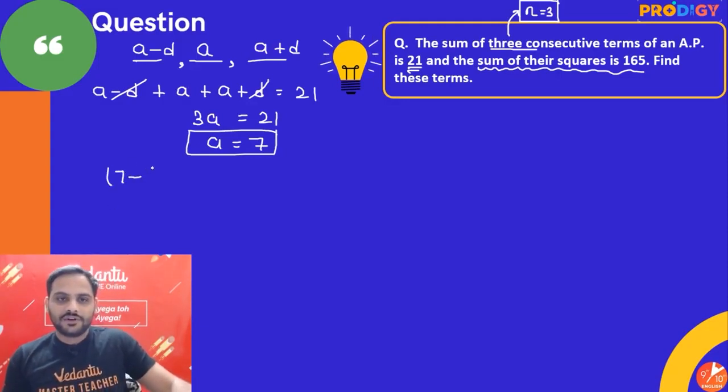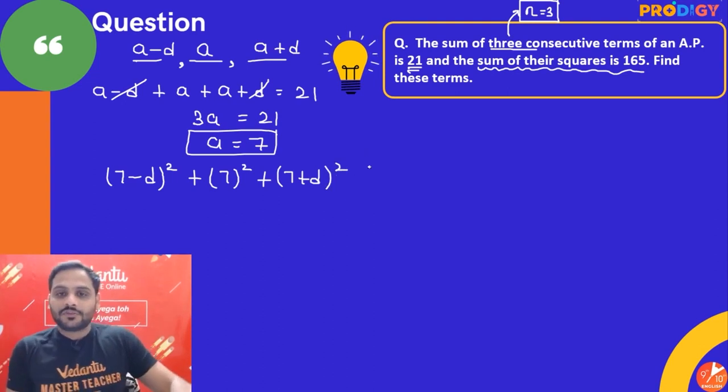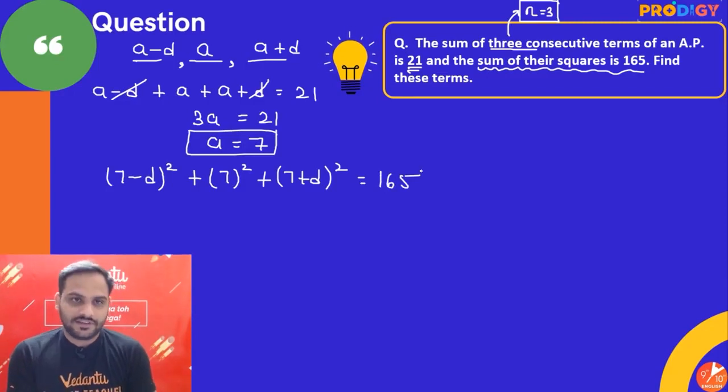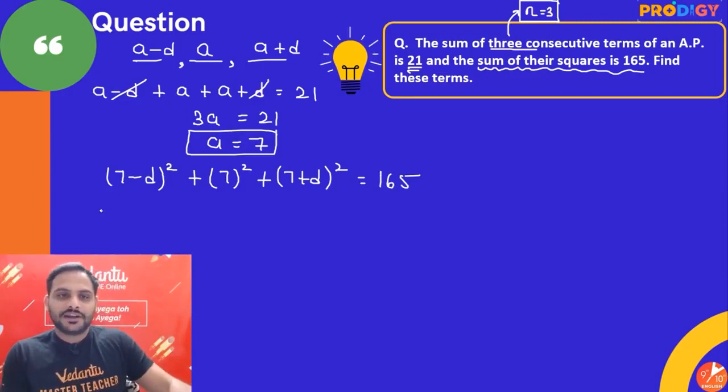Then the next thing is the sum of their squares is 165. That means if I do the square of 7 minus D, plus the square of 7, plus the square of 7 plus D, the sum of the squares is 165. Let's solve this to get the value of D. So here I can say 49 plus D square minus 2 into 7 into D, which is minus 14D, that is A minus B whole square.